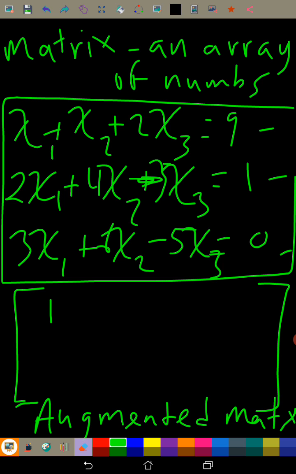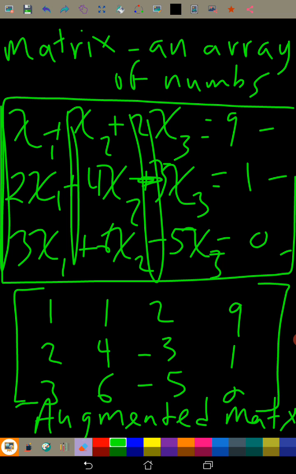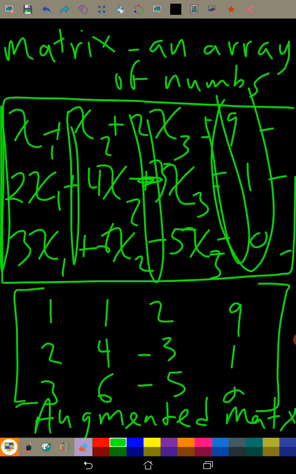It's going to be 1 2 3 1 4 6 2 minus 3 minus 5 9 1 0. These are the data here, the coefficients. We're just taking the coefficients of each and also the numbers on the other side of the equal signs.